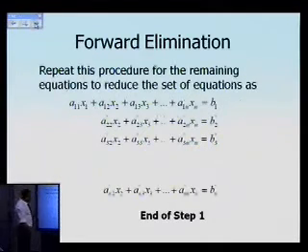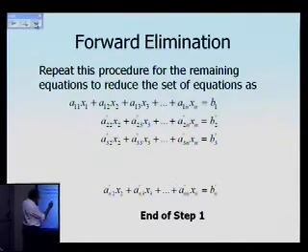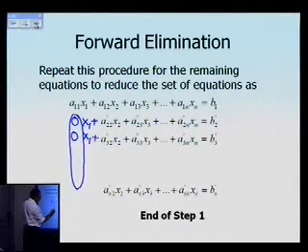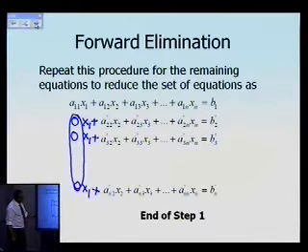Now I can do the same thing for all of the elements in the first column below the first row. I just made this 0. I'll have 0 x1 plus, and then I'll have 0 x1 plus, and the last equation also will have 0 x1 plus. So all the elements of the first column except for the first row have been made 0 in the first step of forward elimination.